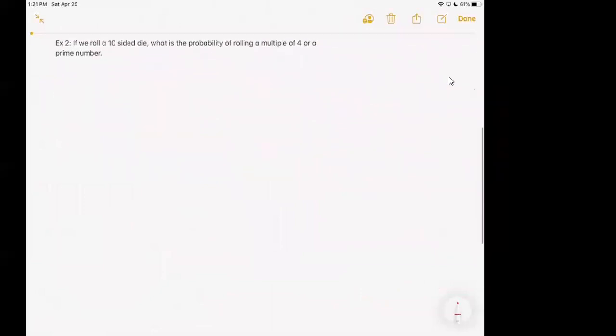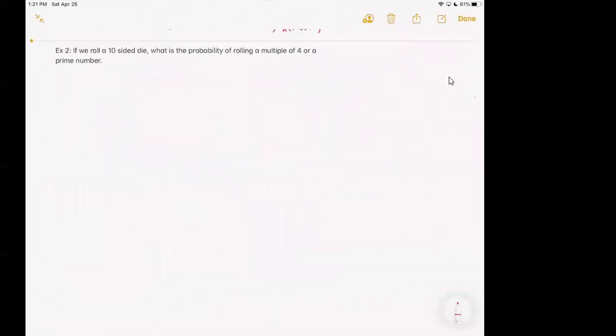Now, if we look at example 2, we'll see this is different. Now we're looking for multiples of 4 or a prime number. So event E, the set would look like this: 4 and 8. And you can see neither of those are prime. So F are the prime numbers. 1 is not a prime number.